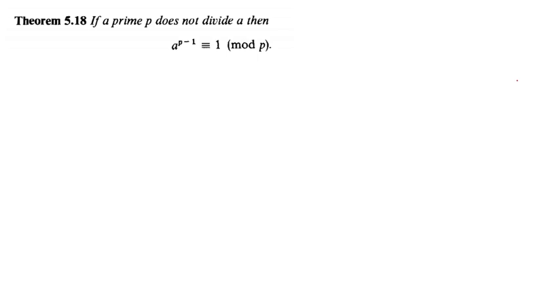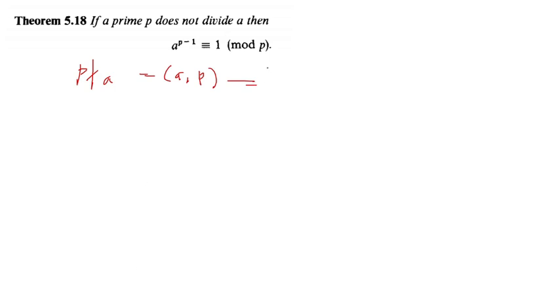Next theorem. If a prime p does not divide a, then a raised to p minus 1 is congruent to 1 mod p. So, given that p does not divide a, that means GCD of a and p is 1.